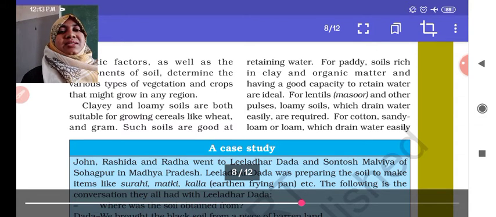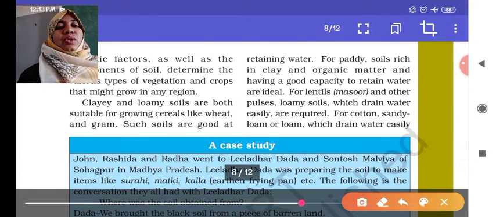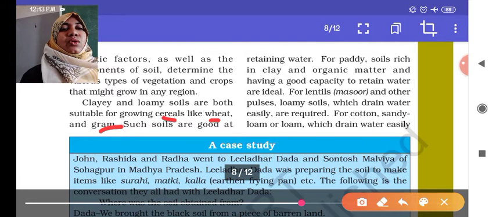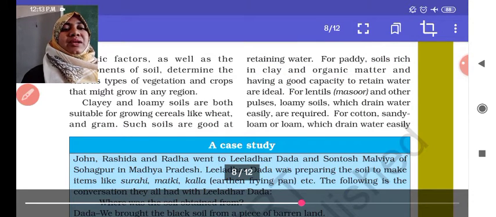Next, clay and loamy soil are both suitable for growing cereals like wheat and gram. Next, such soils are good at retaining water. Example, paddy: soil rich in clay and organic matter, having good capacity to retain water.